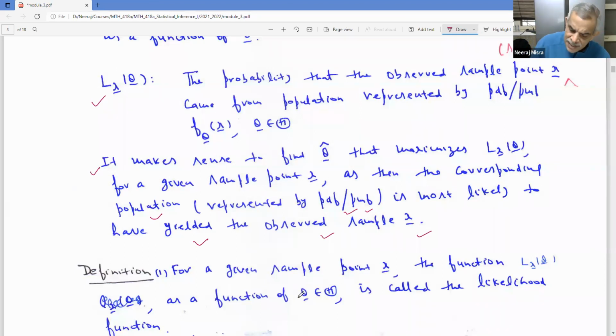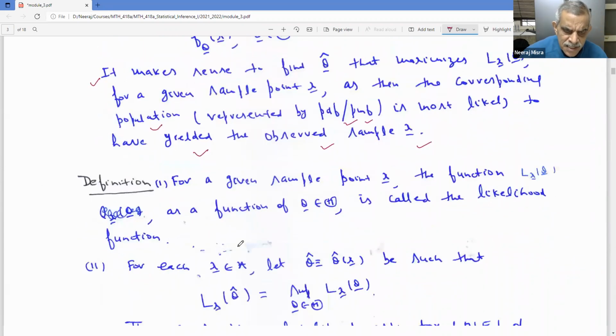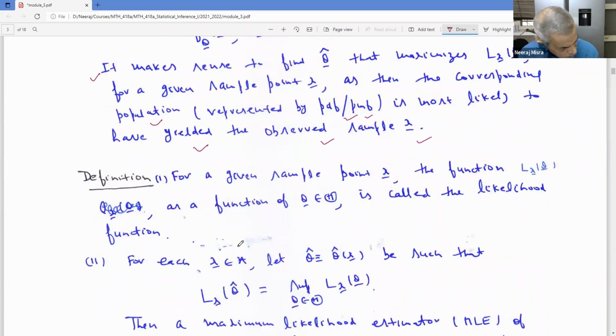So you try to look at which population is most likely to give the sample which you have observed, and that is nothing but the maximum likelihood estimator. So you see the maximum likelihood estimator also has a lot of intuitive appeal.